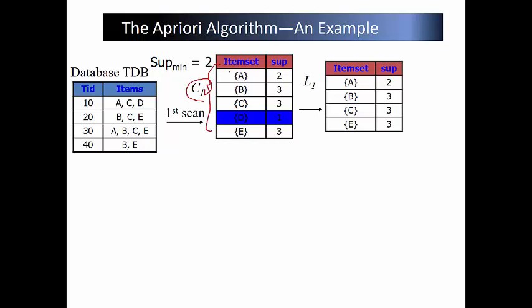This is a candidate item set. From there, we remove some items which do not have enough support. The threshold is 2. So what's left is my frequent item sets. Those are frequent. But I do not stop here.